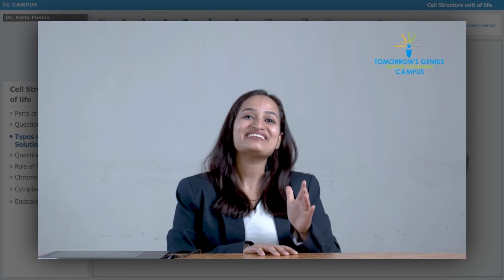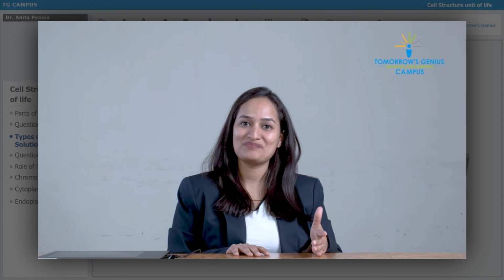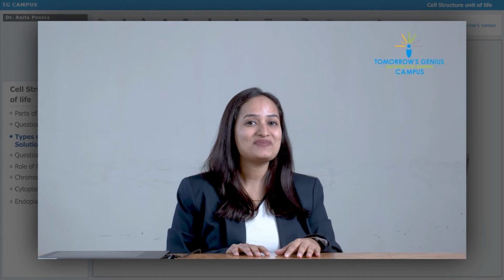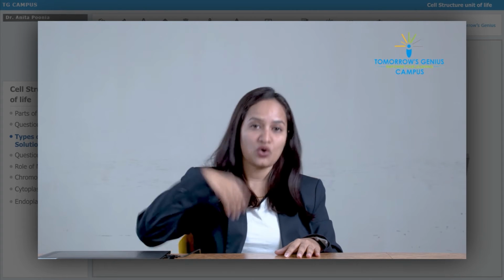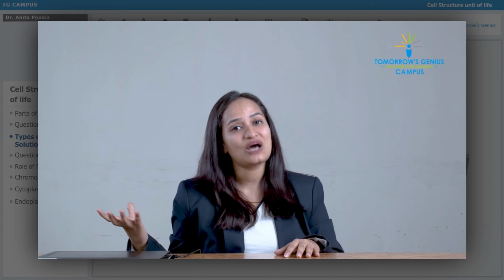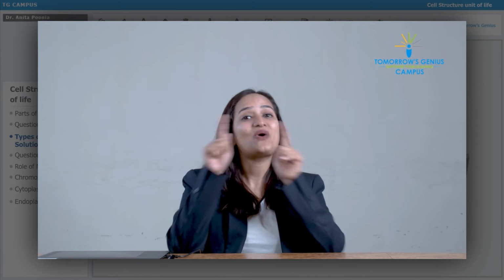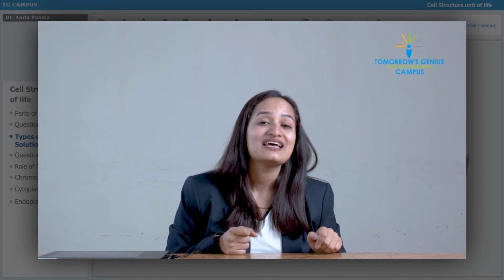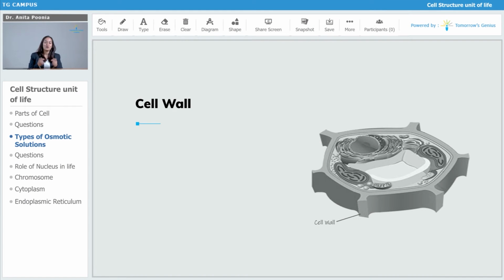But in the plant cell, when it was placed in the hypertonic solution, the content did ooze out of the cell, but because of the cell wall, the shape of the cell was maintained. All this was due to the cell wall.